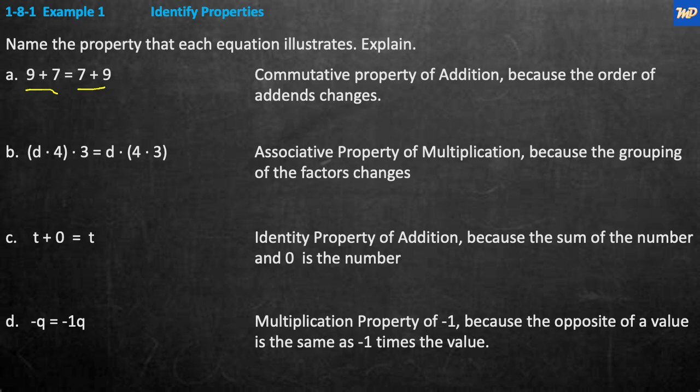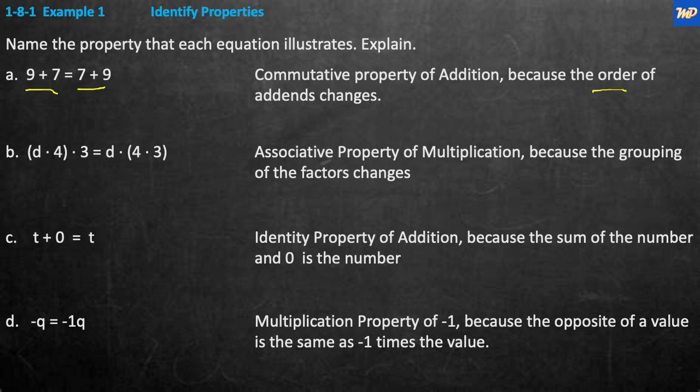And you see 9 and 7 are switching places, right? And remember I talked about the commute when you move from one place to the other, like on a bus, you get on the bus and go from point A to point B and back and forth. That's the commutative property of addition. And it says here because the order of the addends changes.